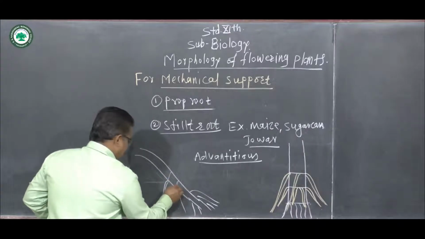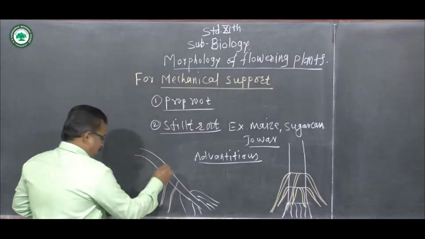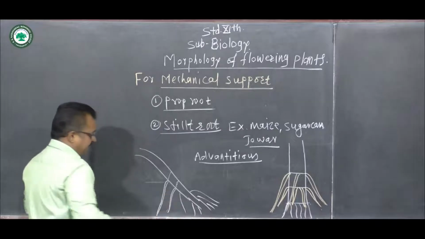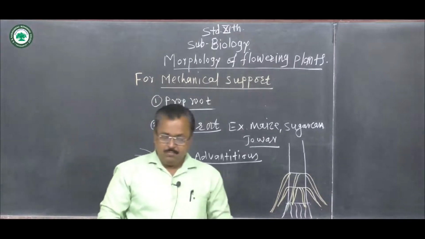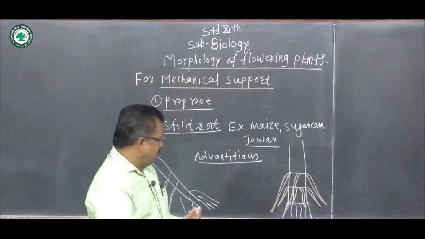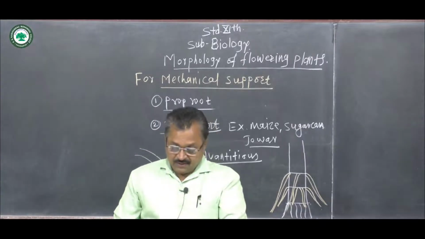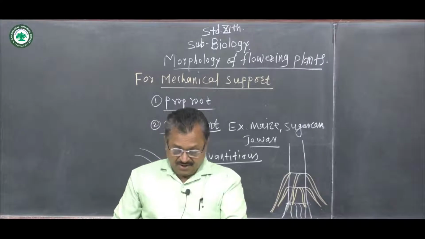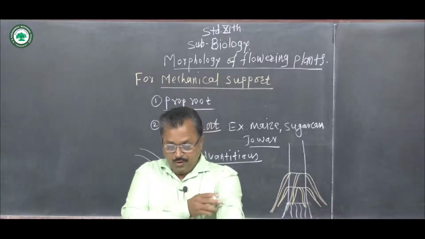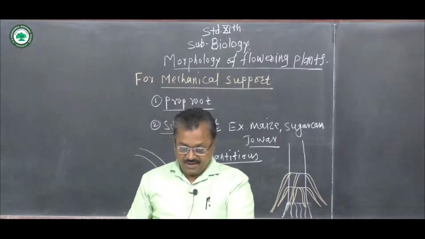Here the roots grow from the nodal region of the stem, on the lower surface of the obliquely growing stem, for additional support.